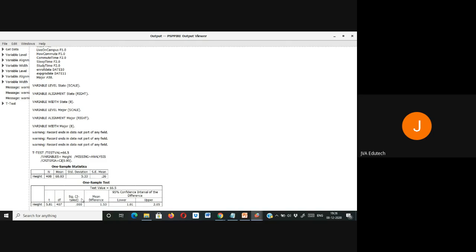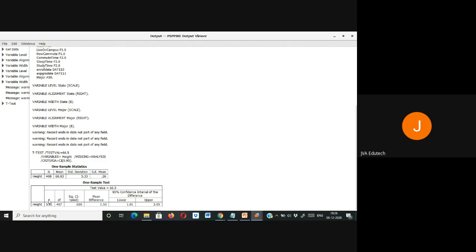In this case, your p of 0.000 is less than alpha. Where does this alpha come from? It comes from your confidence level. You have a confidence interval of 95%, so you are leaving a margin of error of 5%, which in numbers is 0.05. So if p is less than 0.05, the null hypothesis is rejected.